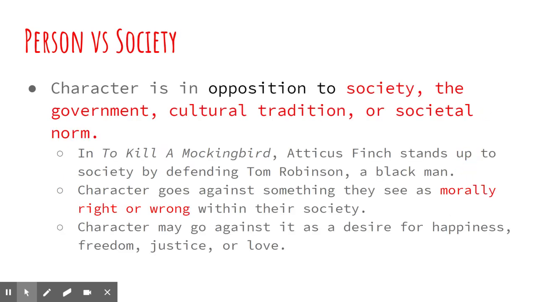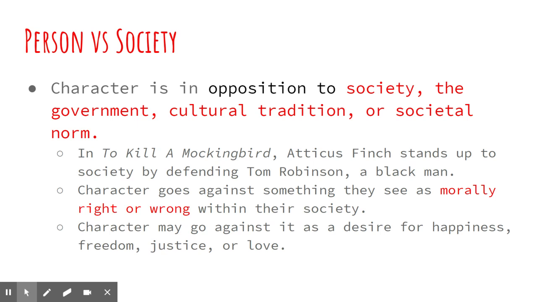Lastly, we have person versus society. This is when they're in opposition to society, the government, a cultural tradition, or a societal norm. Okay, To Kill a Mockingbird. Atticus Finch stands up to society by defending Tom Robinson, who's a black man. A character goes against something that they see as morally right or wrong within their society.